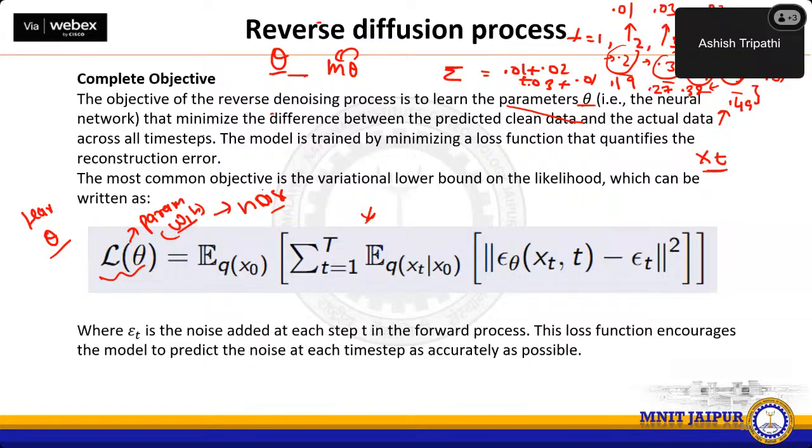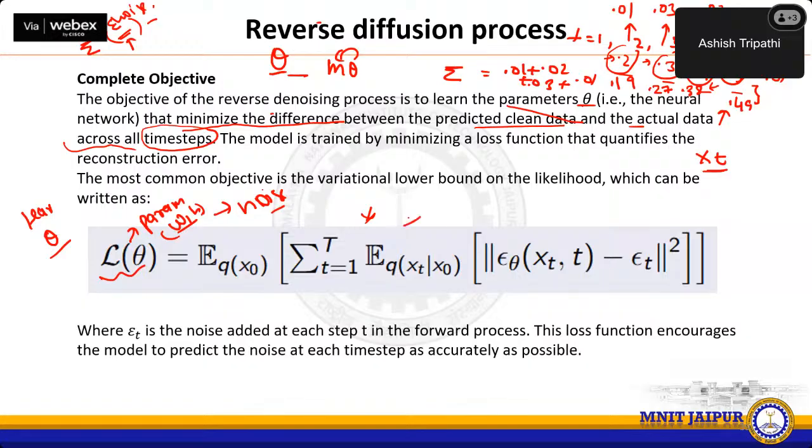What do I need to do? I need to minimize the difference between the predicted clean data and actual data across all timestamps. If we have added the noise in 1000 timestamps, I need to perform sigma of the predicted noise that has been added at every timestamp.